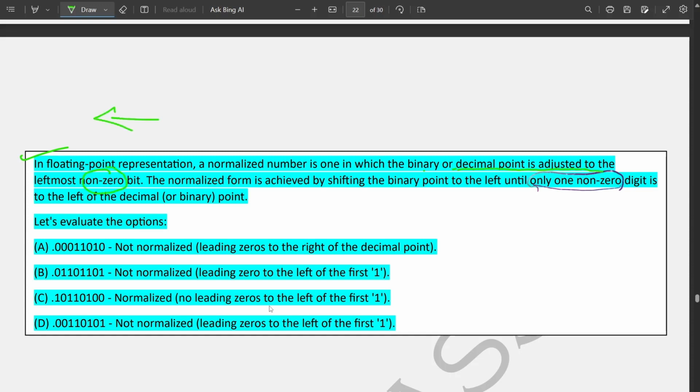On your left side, there will always be 1. There will not be any 0. In the options, here is a 0, then wrong. Here is also a 0, then wrong. Here is also a 0, then wrong. And this is non-zero, no leading 0 in the leftmost position. So the answer is C, 1011.